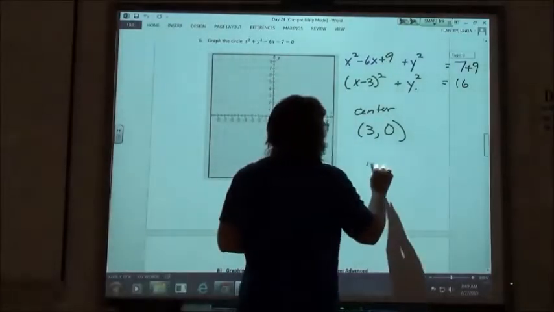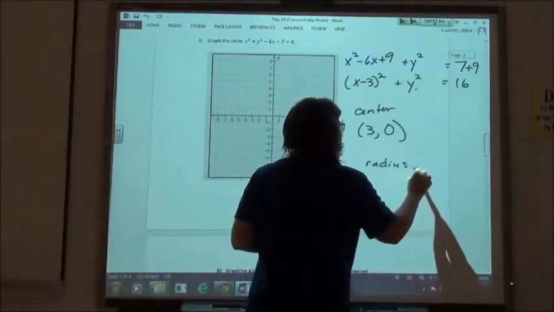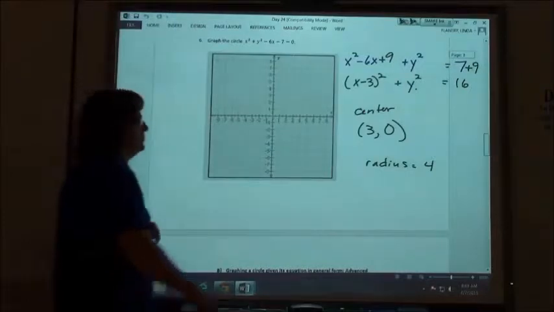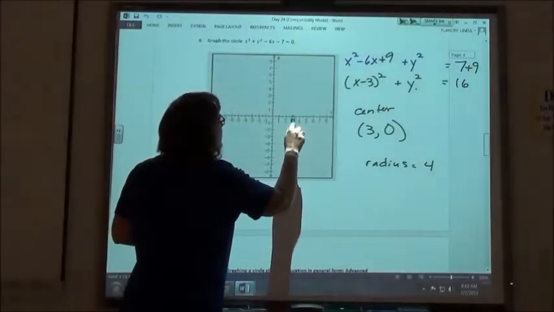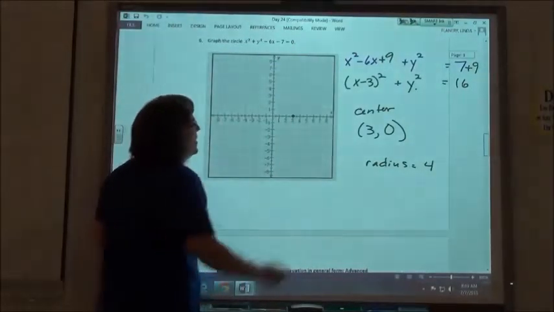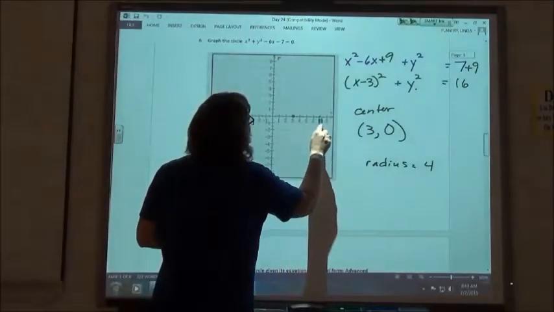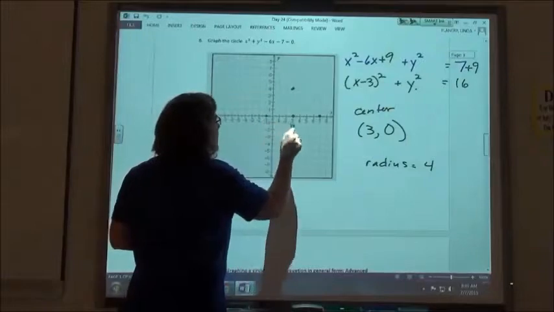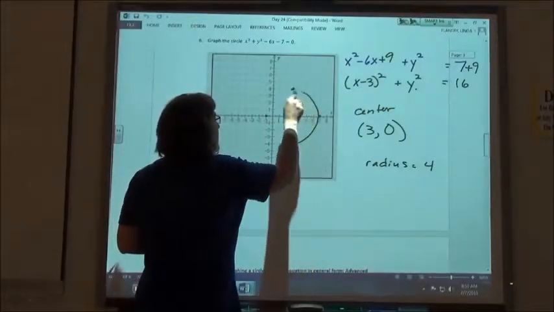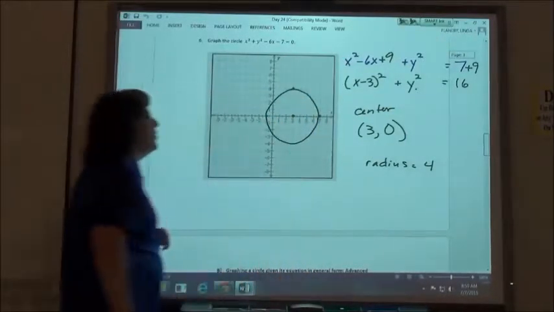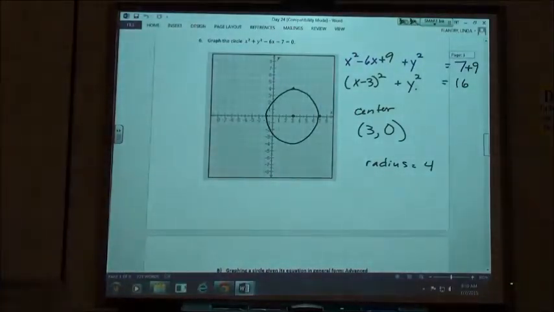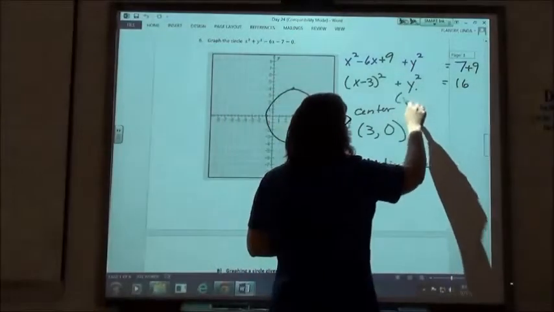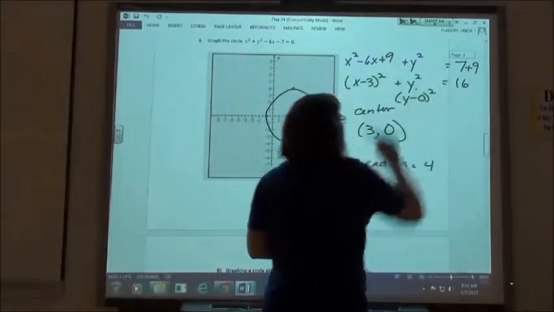And my radius is 4. So 3, 0 would be right there. And my radius of 4 would look something sort of like that. So yes, if I really wanted to, I could write that as y minus 0 squared.